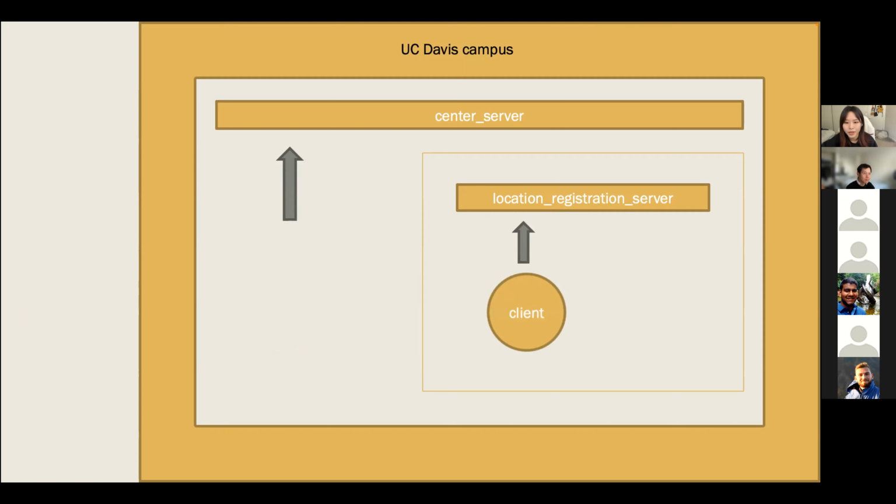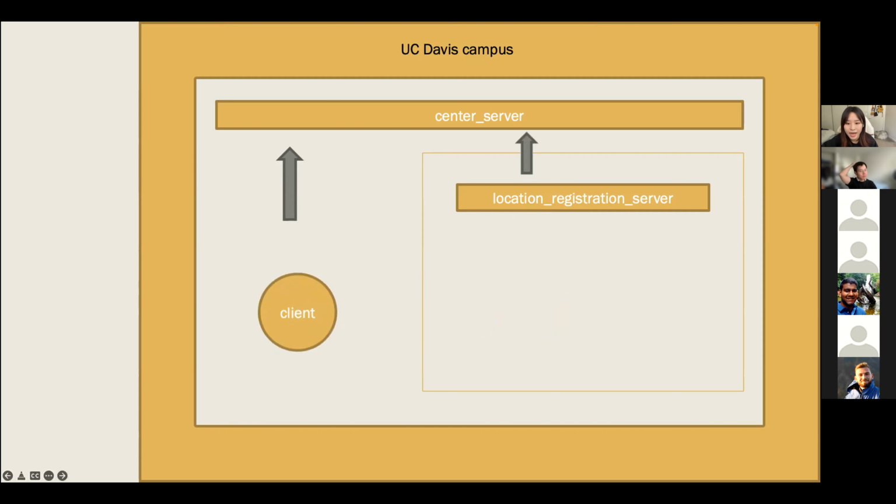They send heartbeat packets to the server every 1 minute. When they leave, they won't send the heartbeat anymore, so the location registration server can record the enter time and leave time, then send them to the center server. The center server will store the data, including the location, user's ID, enter time, and leave time.